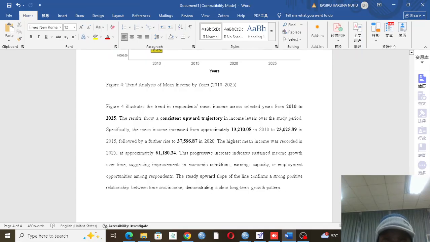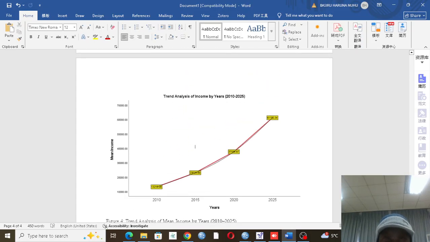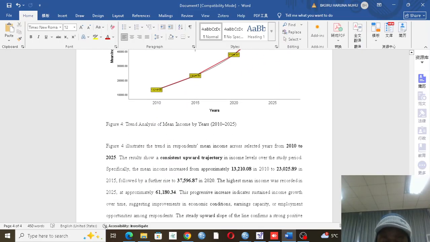What it is trying to say is that as time increases, the economy becomes good, and then our income also starts increasing. So maybe in 2010 you were earning this particular income, and in 2015 your income has increased. So this is basically how we report these things.